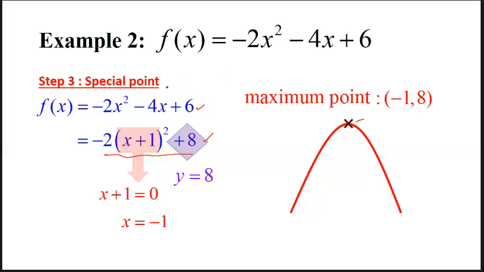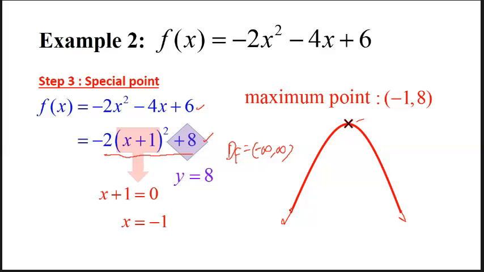Identify the special point. Once again, right up to here, we can find out the domain and range graphically, although the graph is not complete yet. When I extend the graph, it can go infinitely to the left and to the right, which gives us a domain of all real numbers, negative infinity to infinity.